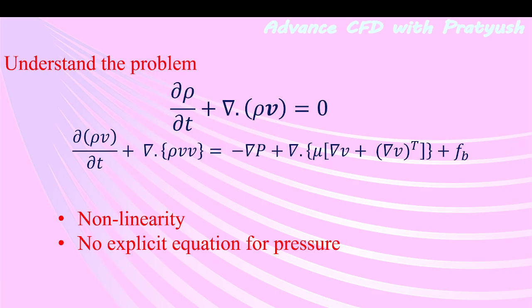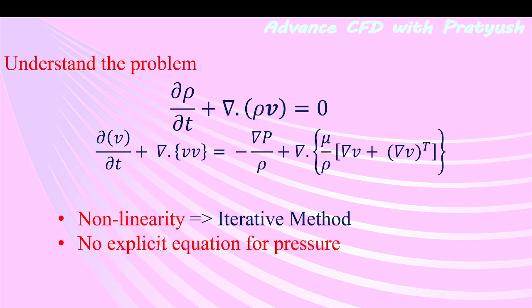So we have four equations and four variables, that is the velocity, three components, and the pressure. Four equations, four variables, we should be able to get a solution easily. But the problem is that we don't have any separate or explicit equation for the pressure. That is where this problem occurs, that we cannot find the accurate or analytical solution.